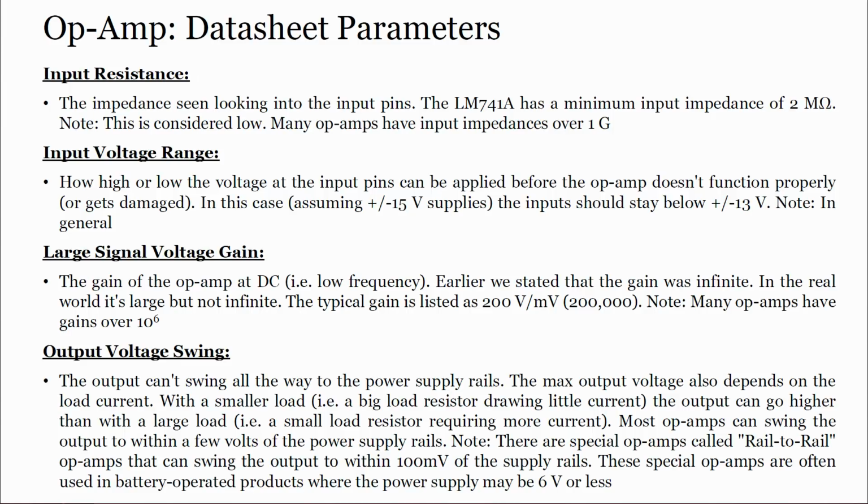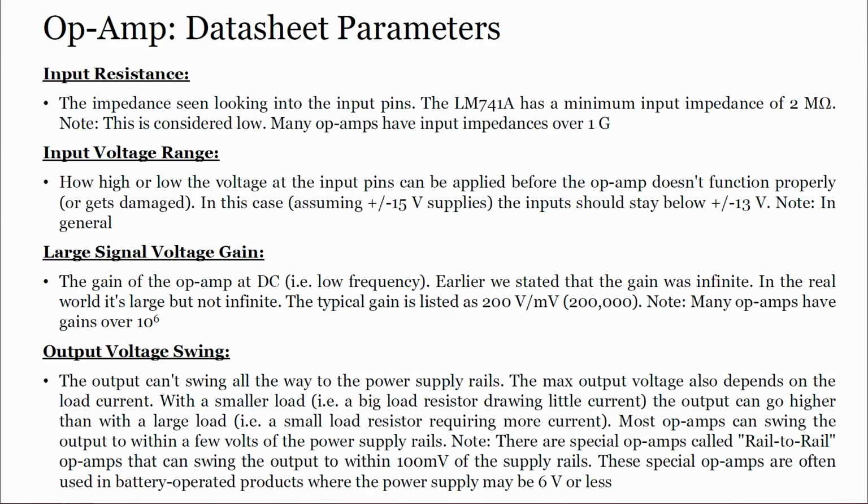Output voltage swing, what is that? The output can swing all the way to the power rails. It cannot go all the way to plus minus 15, but the maximum output voltage also depends on the load current. With a smaller load, the output can go higher than with a larger load. It is obvious. Most op amps can swing the output to within a few volts of the power rails. There are special op amps called rail to rail op amps that can swing the output to within 100 millivolts of the supply rails.